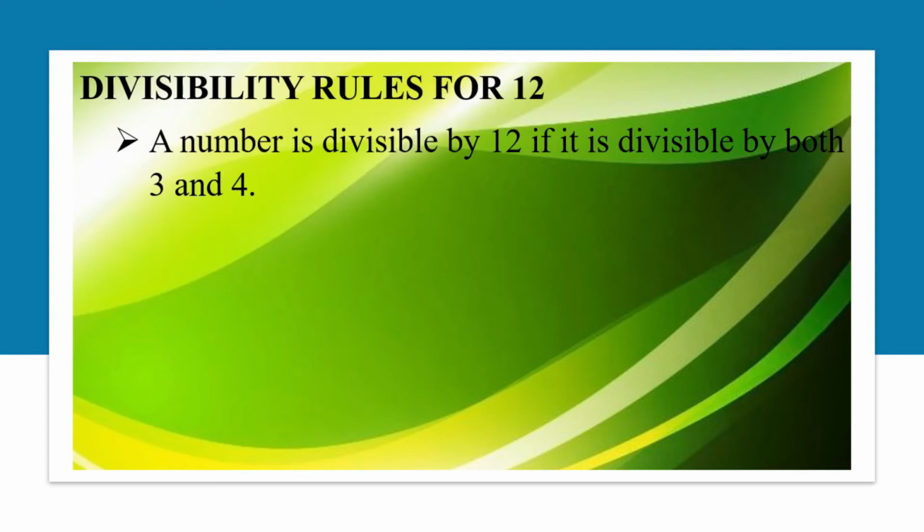A number is divisible by 3 if the sum of all digits is divisible by 3. So, inire-remind ko lang kung ano ang divisibility rule number 3. Para di na tayo malito.